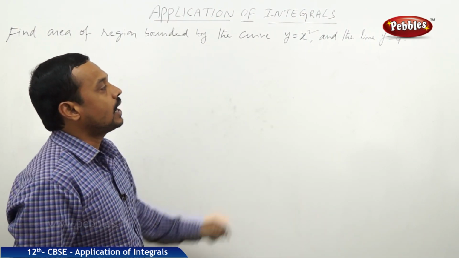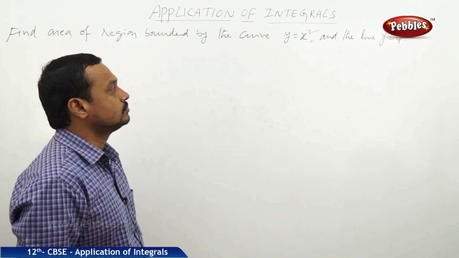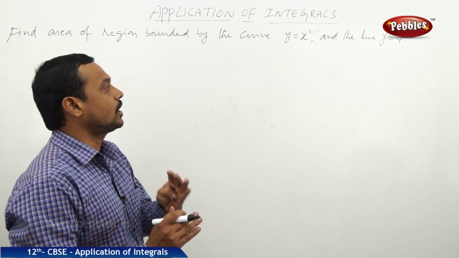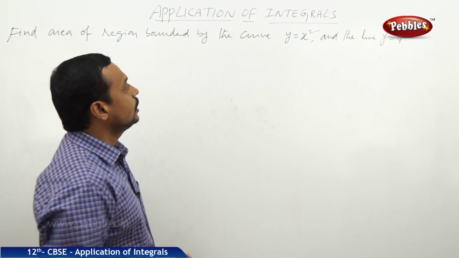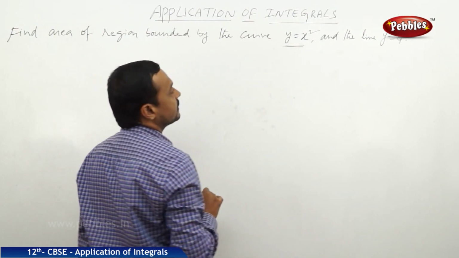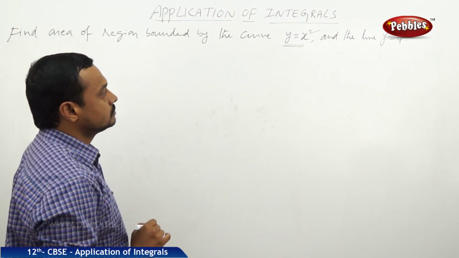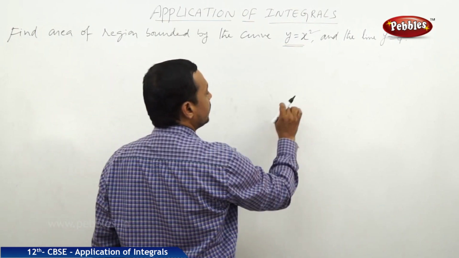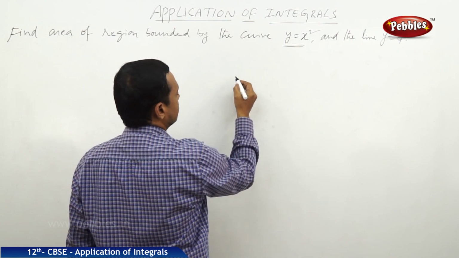Now let us find the area of the region bounded by the curve y = x² and the line y = 4. Area of the region bounded by a curve with a line. y = x² represents a parabola and it is symmetric about the y-axis.